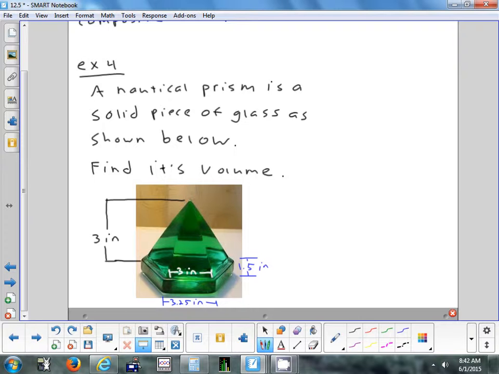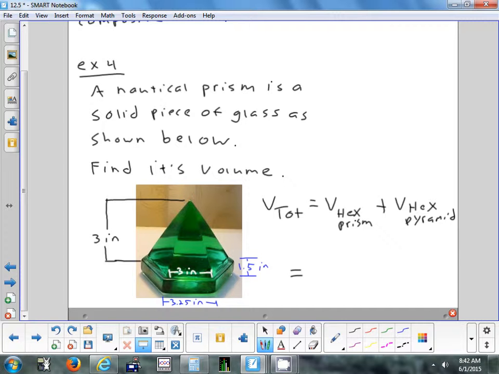So those are our two shapes. To find the total volume, you're going to take the volume of the hexagonal prism plus the volume of the hexagonal pyramid. We're going to have to add those two things together. Pyramid, that's what we're doing in this section. Prism, that goes back to the other section.